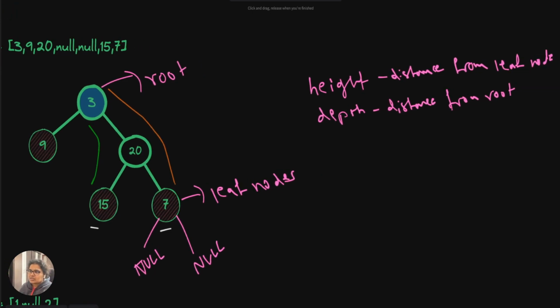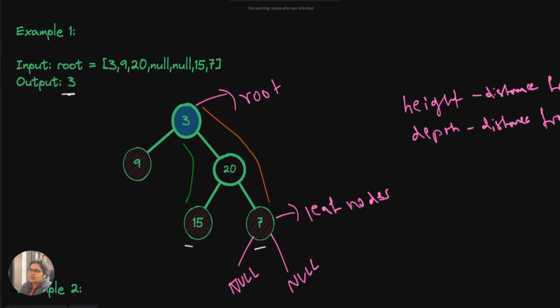Okay, so let's see how height and depth work for, let's say, node 9. Now if we do it in terms of number of nodes, height is the distance from the leaf node. For 9 there are no further nodes, there is this node itself, so height would be 1.